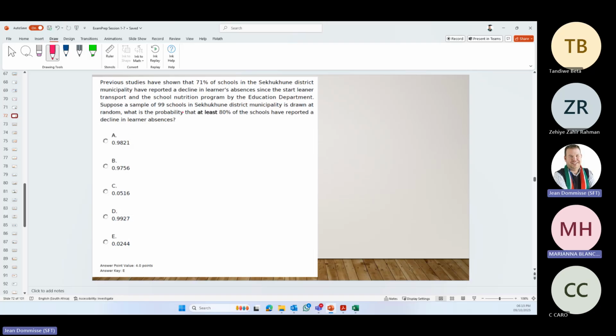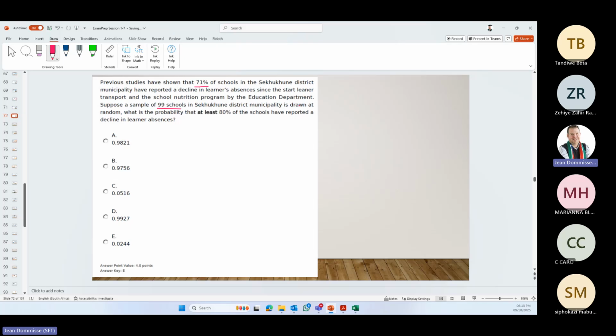Okay, the last one for tonight. Let's look again. Previous studies have shown 71% of schools have reported a decline. Suppose a sample of 99 schools is drawn at random.